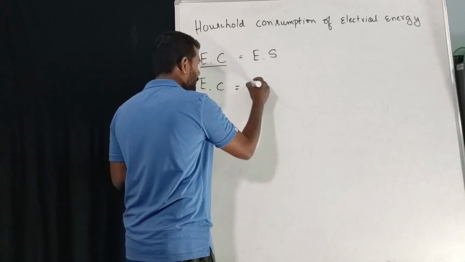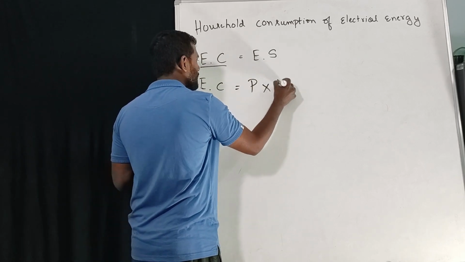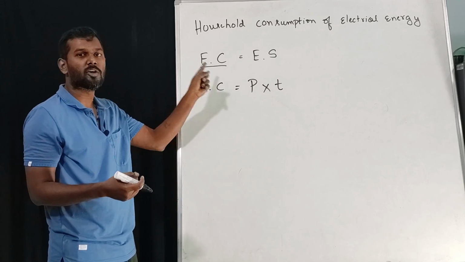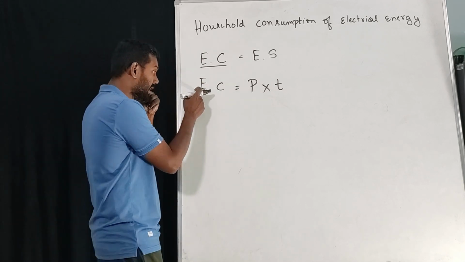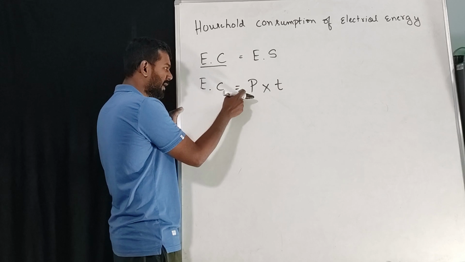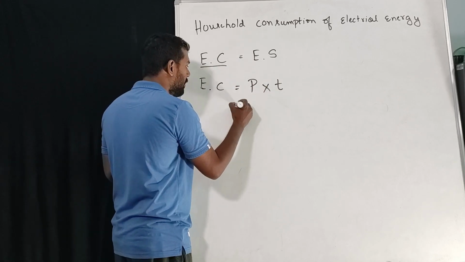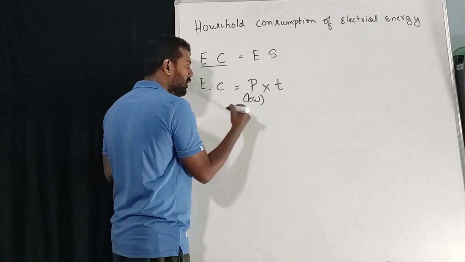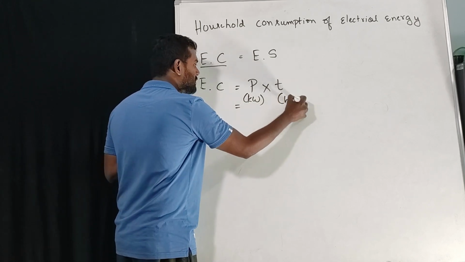That will be equal to power into time. This we have already learnt. How is energy related to power and time? Electrical energy consumption will be equal to power into time. But the only problem is that power should be in terms of kilowatt and time should be in terms of hours.